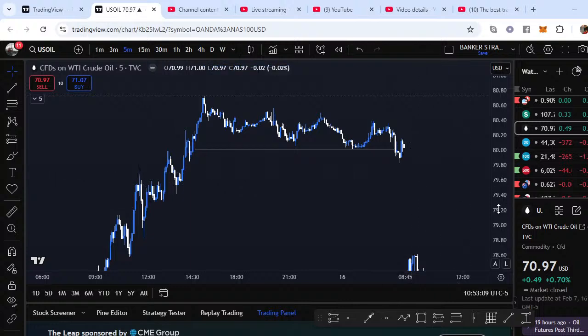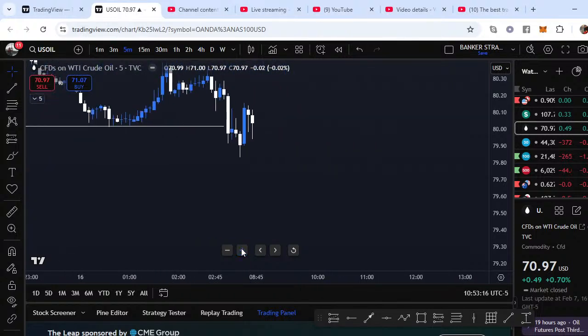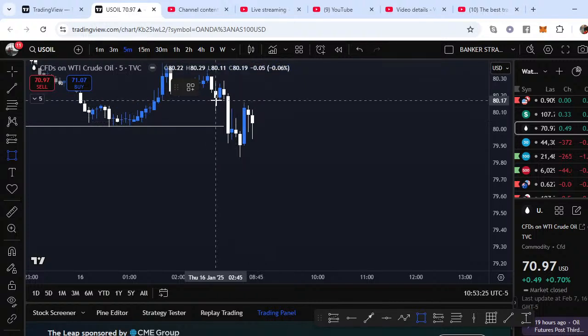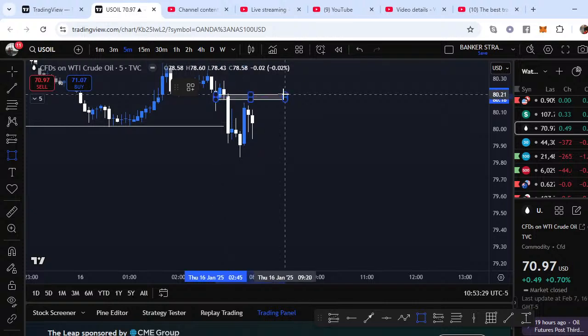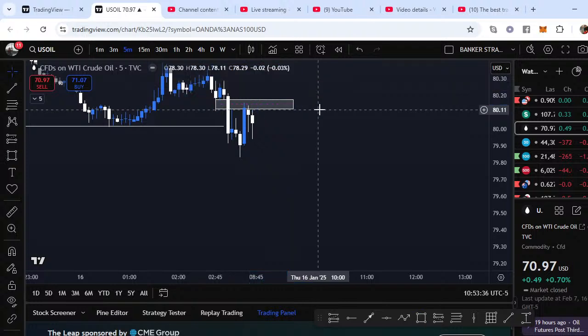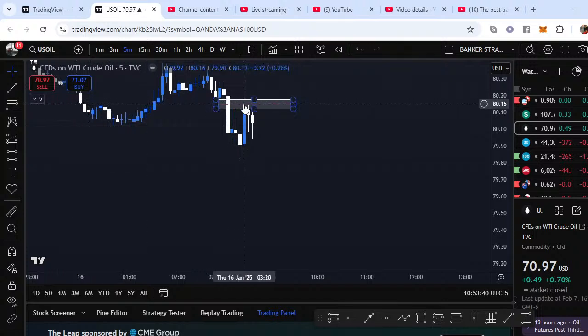We trade to a fair value gap. Now, if you want to get really technical with this, I'm about to show y'all. So you see that clean break, and at the midpoint, we sell it.